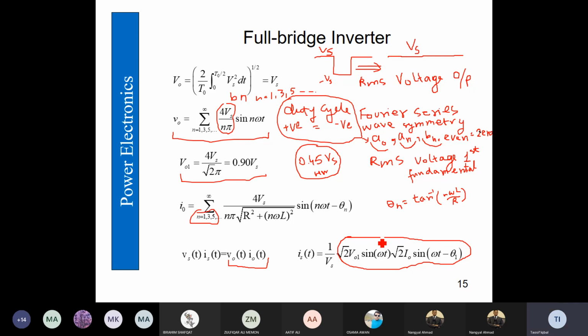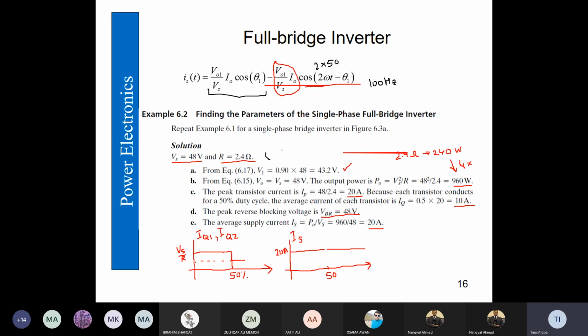Multiplying two sinusoidals, we get the power frequency as twice the fundamental frequency of 50 Hertz, and the useful power is in the first component, which is VO1 divided by Vs, total current into cos of theta 1, because the average of the second component is going to be 0.